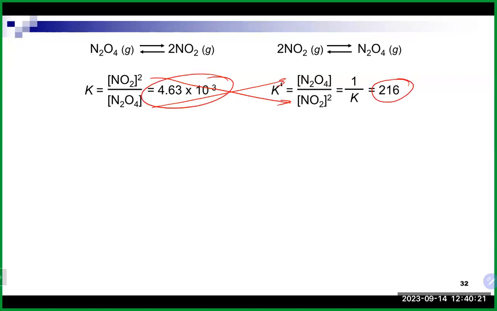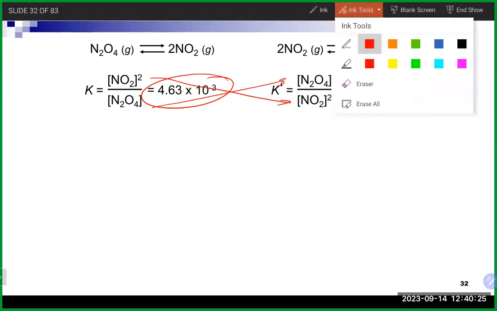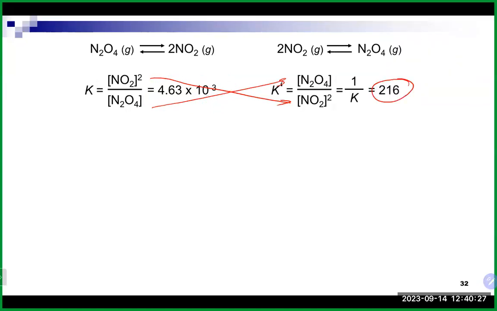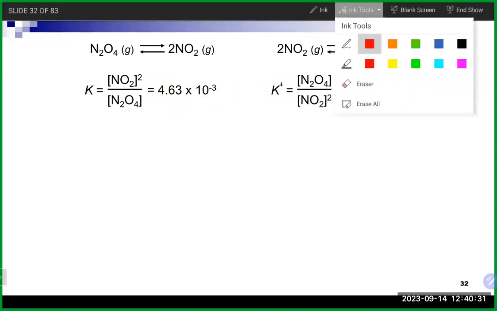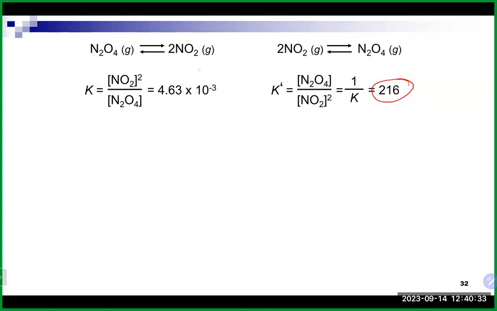When we see a K value that is given for a particular reaction, it should be for the reaction exactly how it is written, which means whatever is the reactants and whatever is the products. So if I say this reaction has a K value of 216, I am specifically talking about this reaction written like that, with the NO2 being the reactants and the N2O4 being the product.